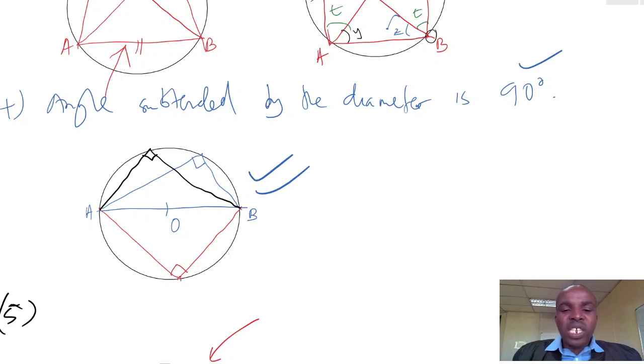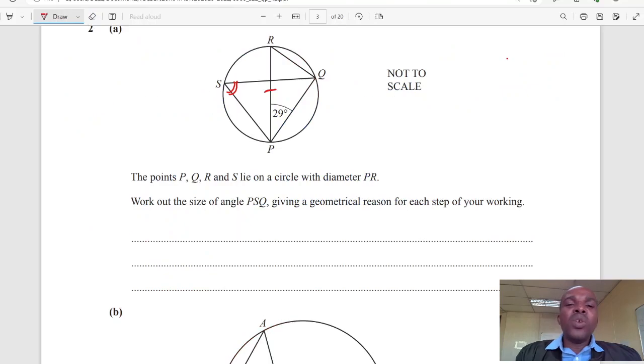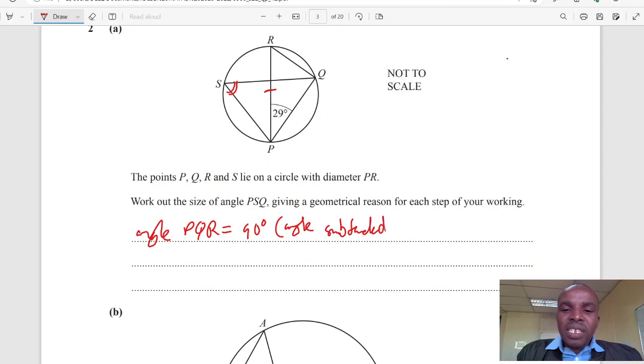So that's the one that you have to apply, because there is a diameter. Whenever you see a diameter, that's the one that you have to take note of. Which means angle PQR is equal to 90 degrees. Reason: you write angle subtended by the diameter.